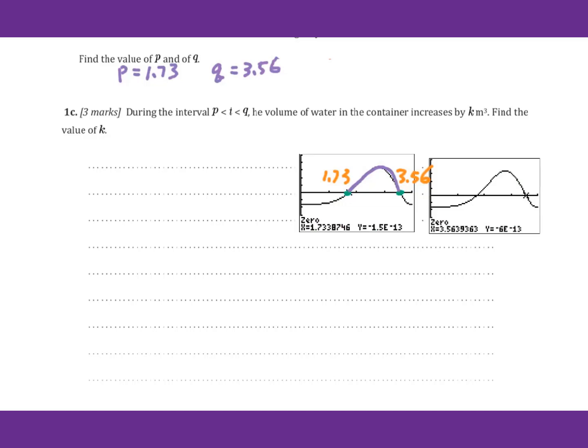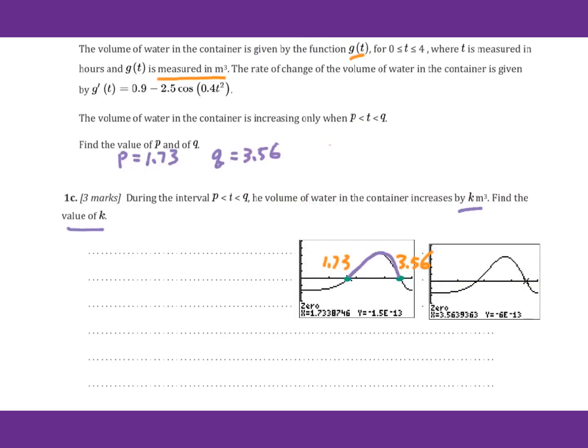Now let's go to 1c. During the interval t greater than p and less than q, the volume of water in the container increases by k meters cubed. Find the value of k. As we know, the volume of water in the container is given by this g of t function.